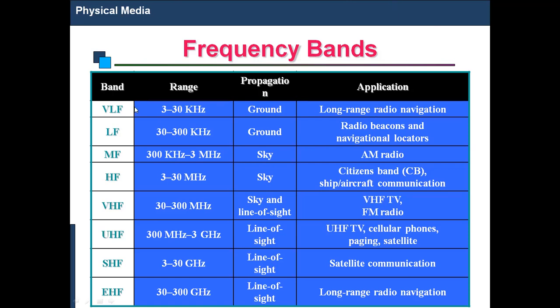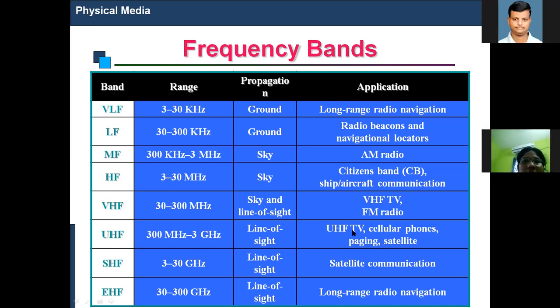Where exactly is this used? The application part. VLF is used for long range radio navigation. LF is used for radios and navigation locators, and medium frequency is used for AM radio. HF is used for citizens band and aircraft communication. VHF is used for VHF TV and FM radio, and UHF is used for cellular phones, paging, and satellites. Presently we are using UHF here.